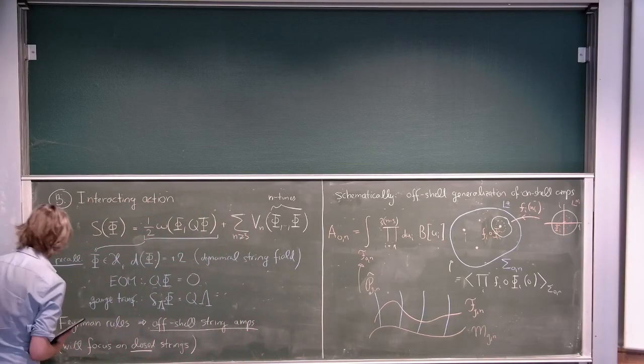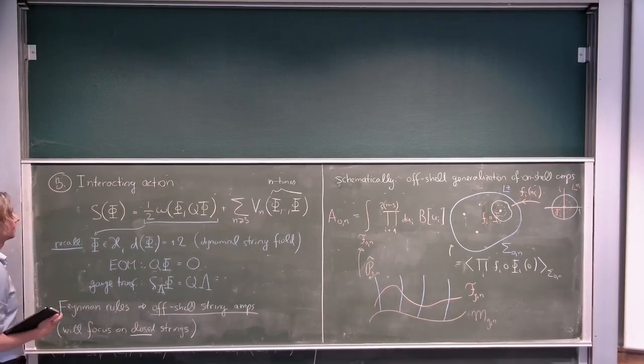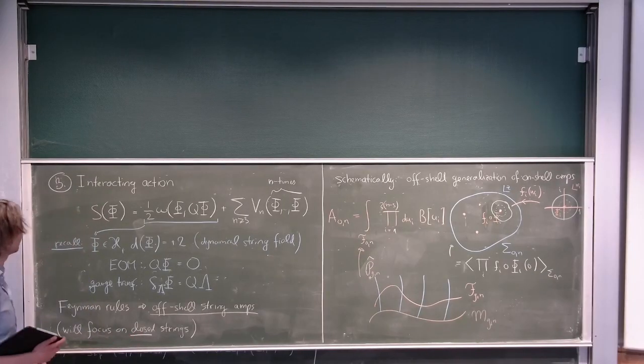Thank you. So as Daniel said, I will start exactly where we finished the last time. Remember, last time we finished by constructing the free part of the string field theory action, that is the kinetic term.